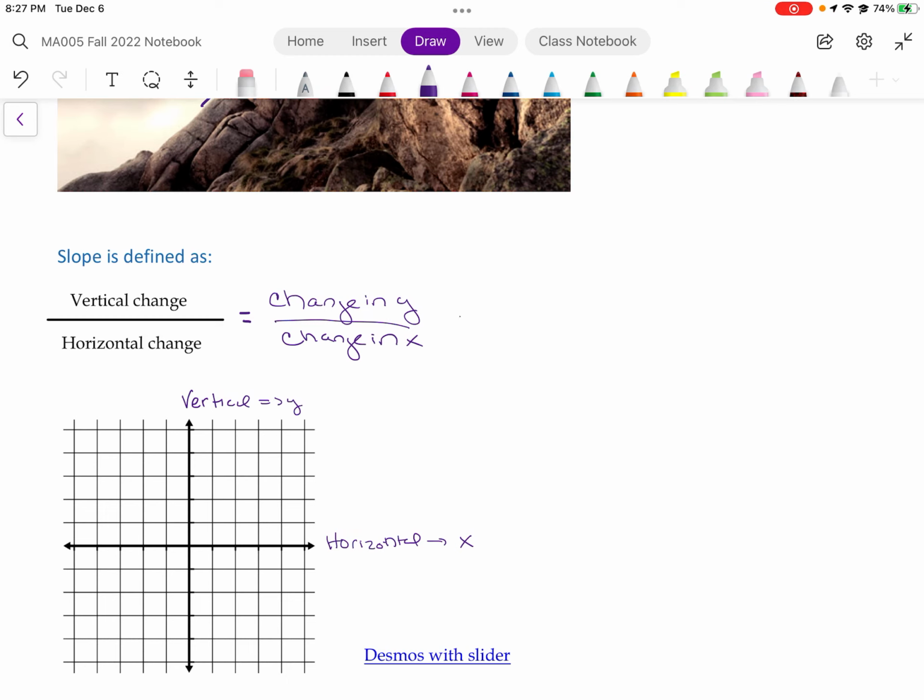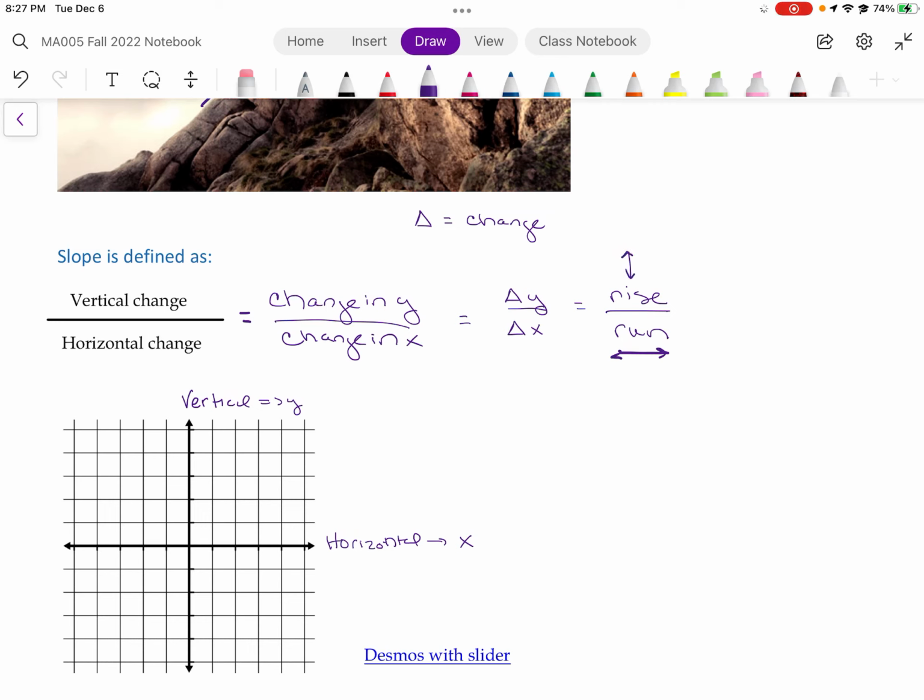All right, so change in y, the letter delta stands for change in math and in science. So we can just abbreviate this to delta y over delta x, change in y over change in x. Another thing that we call this is the rise, and this is the run. Run means this direction, and rise means this direction.